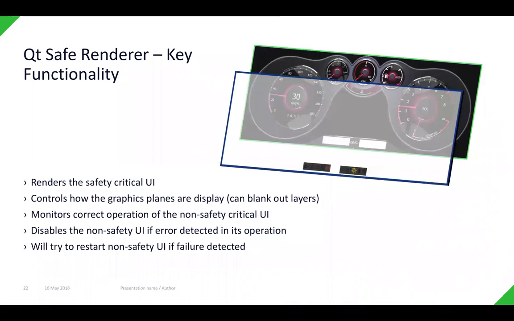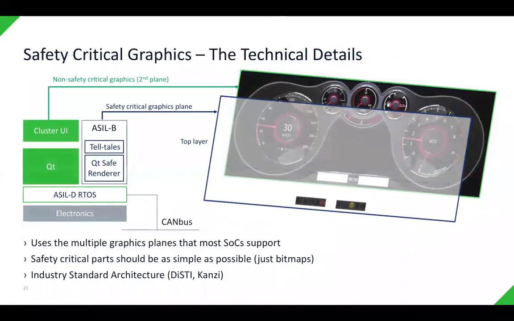The safe render allows you to mark separate parts of your user interface as safety critical parts, and those will always stay regardless of what happens to the rest of the user interface, or to the rest of the stack for that matter. So that is a crucial part. It's a reference implementation today, so it needs to be integrated directly with the hardware and with the operating system, and that is why it is absolutely safe.